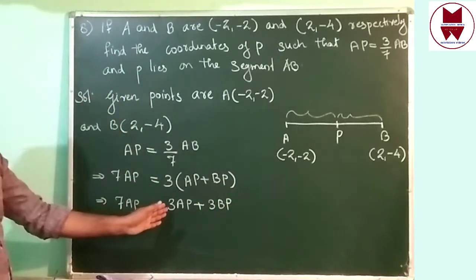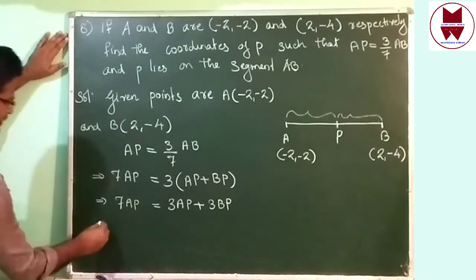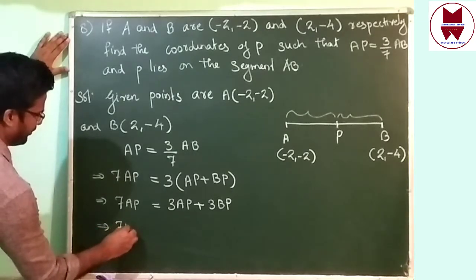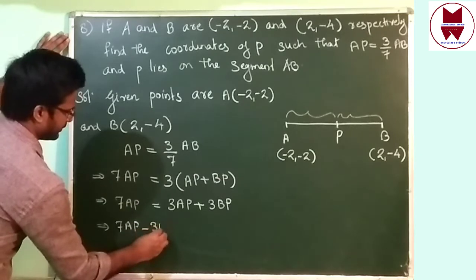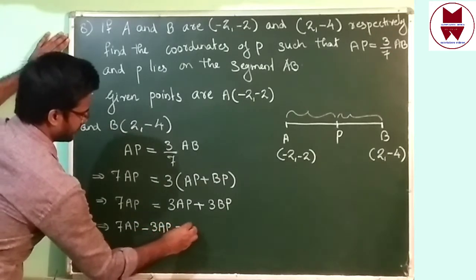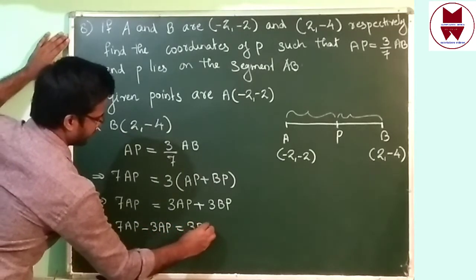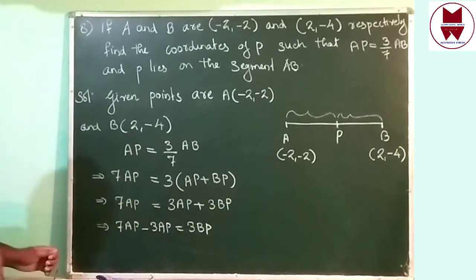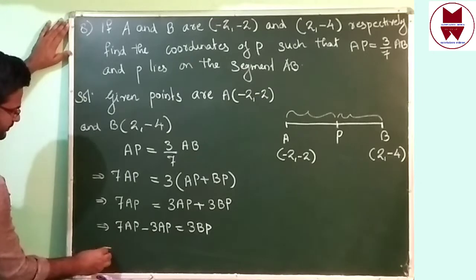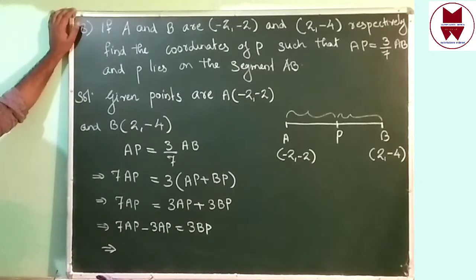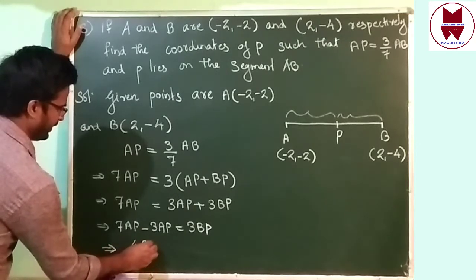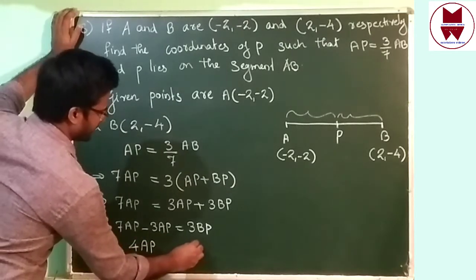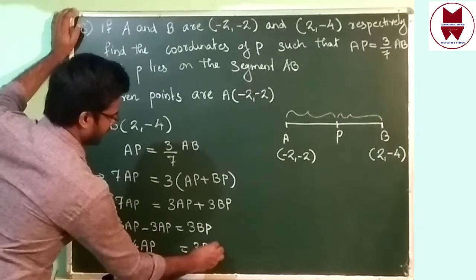Then after this 3AP bring to the left side, 7AP minus 3AP, 7 minus 3, 4AP equal to 3BP.